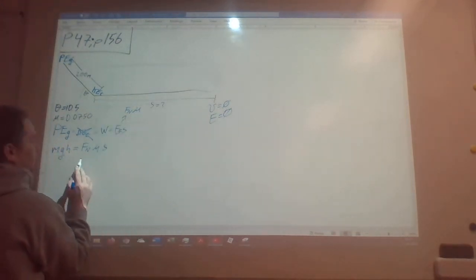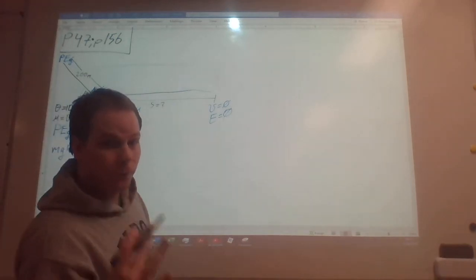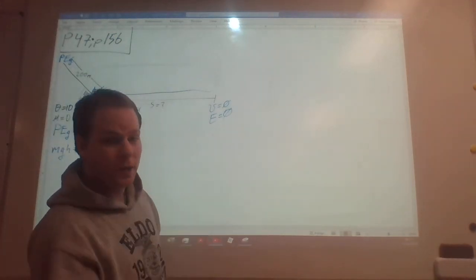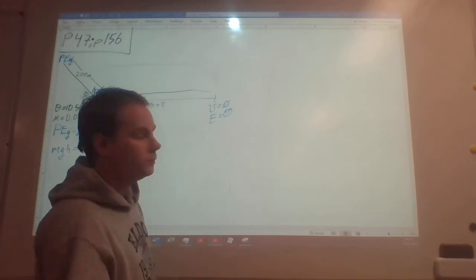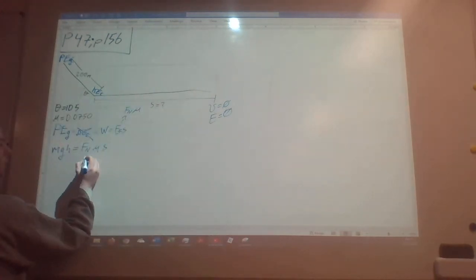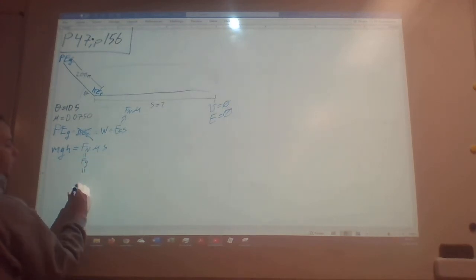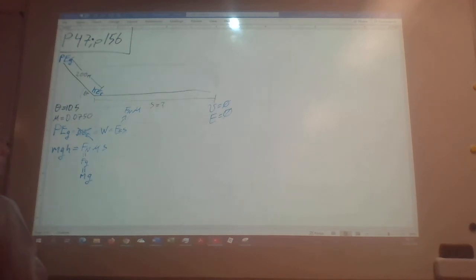This is a horizontal problem, so we know from our chapter 4 that Fn has to be equal to the weight of the skier. So Fn would be equal to Fg, which would be equal to the mass of the skier times the gravitational acceleration, which means that all we really need, because m, the mass of the skier, and g, the acceleration of gravity, will cancel out.